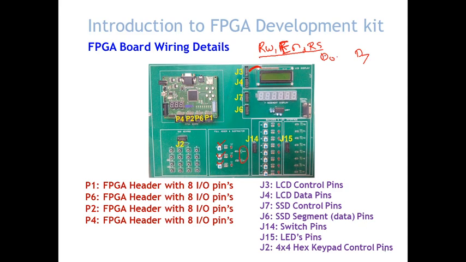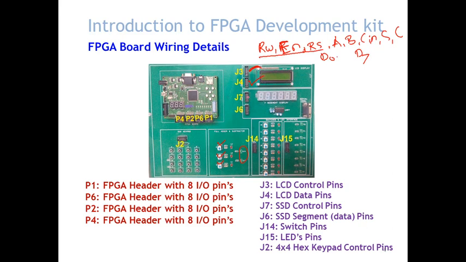So it contains LCD control as well as the A, B, C in, that is the full adder inputs, then sum and carry LED out. So these many signals are connected to this J3. J4 is dedicated to the LCD display data lines, so it is D0 to D7.